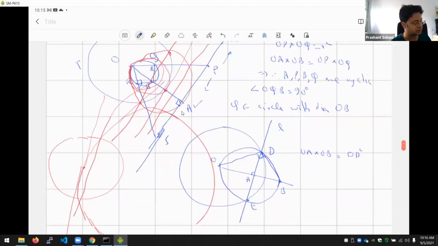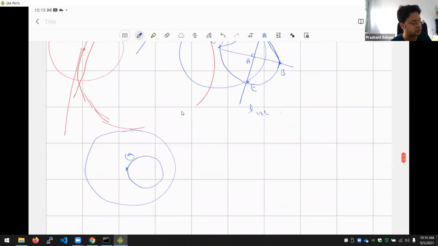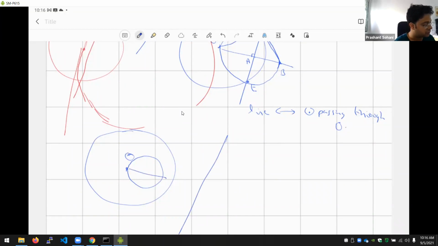So this duality is important: any line in the plane and a circle passing through O. And how to construct this line? Again, take the diameter of your circle and find the inverse of this point. If I call it A, then the perpendicular line to OA will be the line.